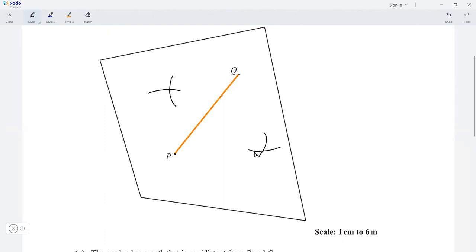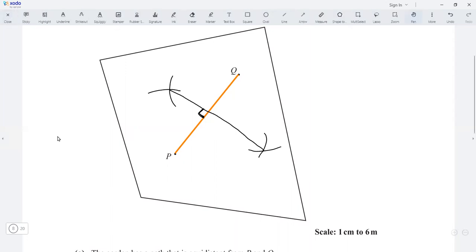Then we join these 2 points where the arcs intersect, and it must be the perpendicular bisector. It's cutting PQ in half, and it's making 90 degrees. I've done a rough, estimated version. Once you have a compass, you can do it quite easily, and it will be accurate. So that's the first part.